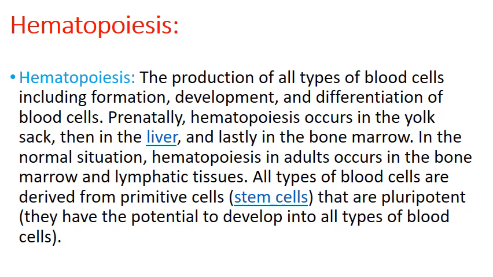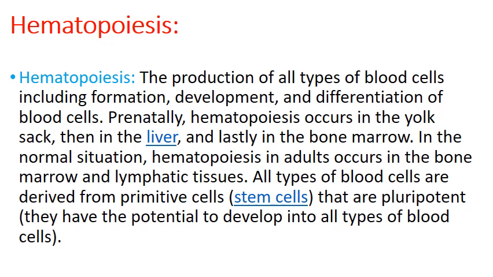Hematopoiesis. What is the meaning of hematopoiesis? It is the production of all types of blood cells, including formation, development, and differentiation of the blood cells. What are blood cells? Blood cells include the white blood cells, red blood cells, and platelets. In the embryo prenatally, hematopoiesis occurs in the yolk sac, then in the liver, and lastly in the bone marrow.